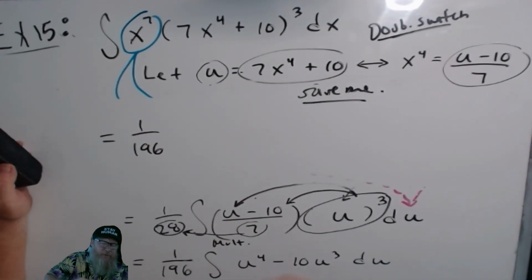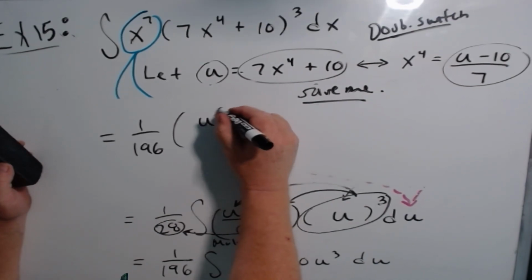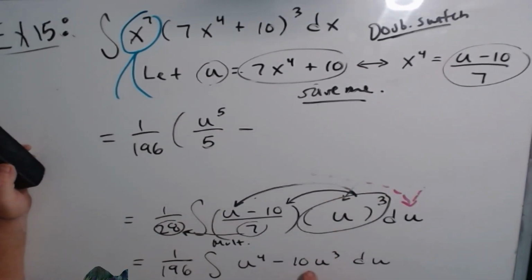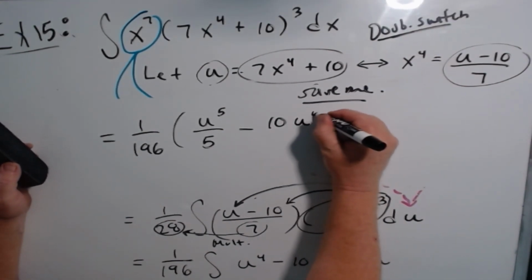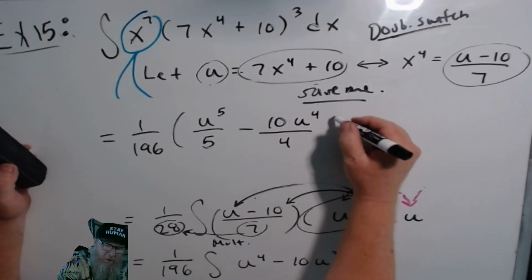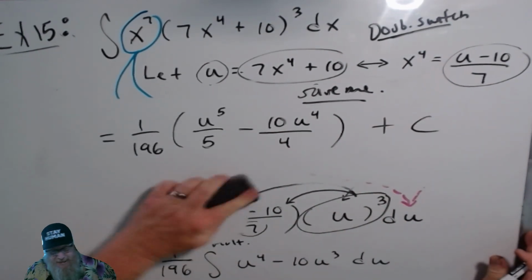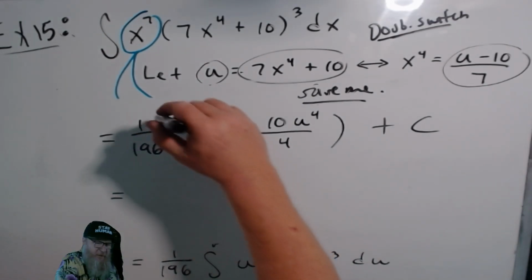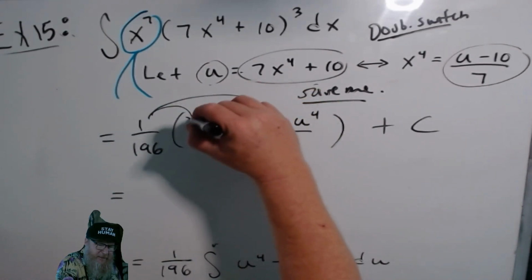Now the antiderivative of u to the fourth is u to the fifth over 5. The antiderivative of 10u to the third is 10u to the fourth over 4, and then plus c. I'm going to go ahead and distribute the 196.